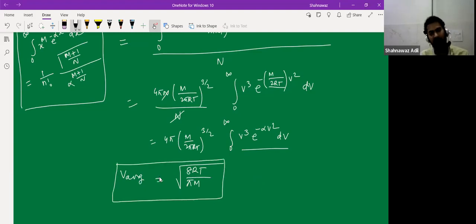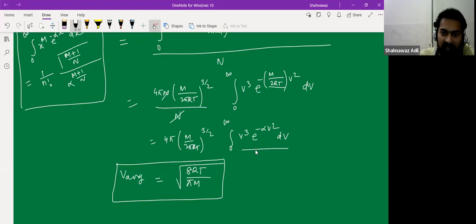Right, guys? Or do you want me to calculate this integral? Please tell, should I solve this integral or move on?